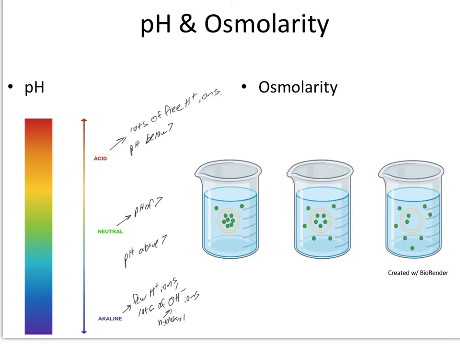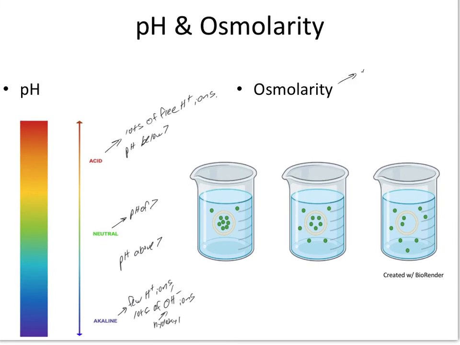But basically, when we're talking about osmolarity, we're talking about the relative number of solutes in a certain location. Most of the time, the location that we're talking about is the cytoplasm of a cell.